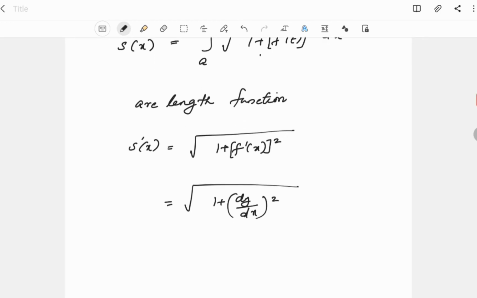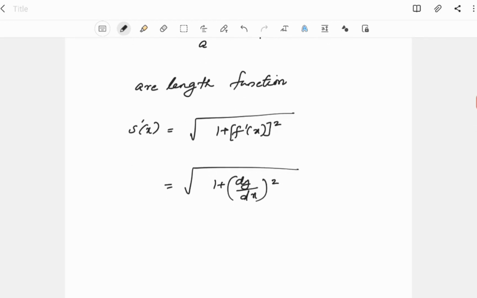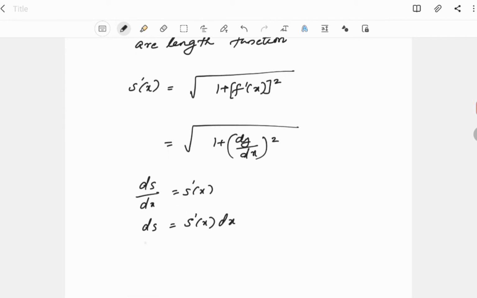We have ds by dx equal to this quantity, and ds is equal to this quantity times dx, which is called the differential of arc length.